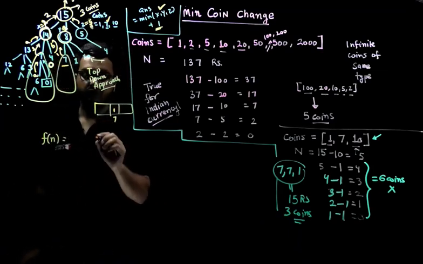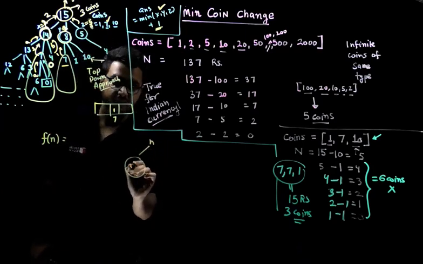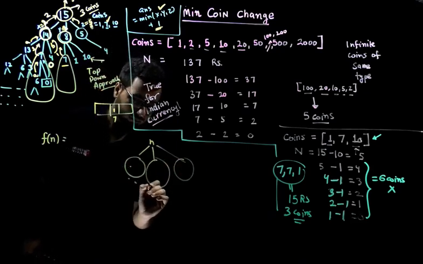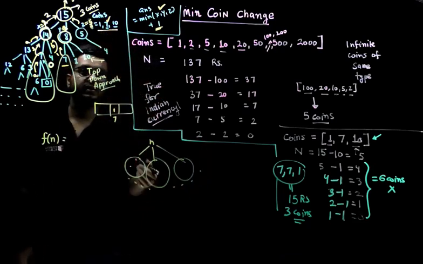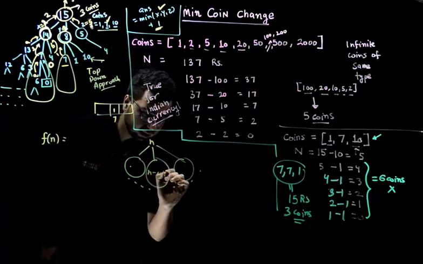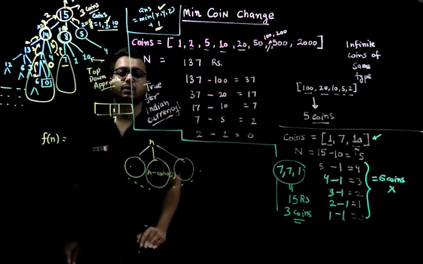So what is this state? This state is nothing but you pick some coin. How many calls will you have? You will see what all coins you can pick. So this state would be n minus coins of i.